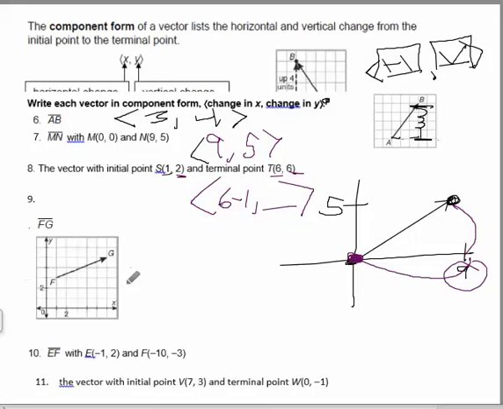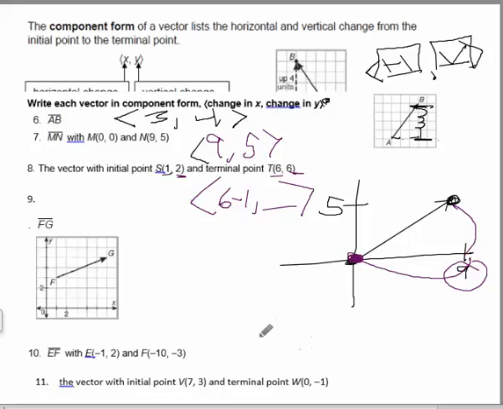For number 9, same thing, but this time there's a graph. Number 10, you might get a negative. I'm not sure. It starts at -1, 2, and goes all the way until you get to -10 for the horizontal. So it looks like you're going to have a negative horizontal. And number 11 is the same thing.